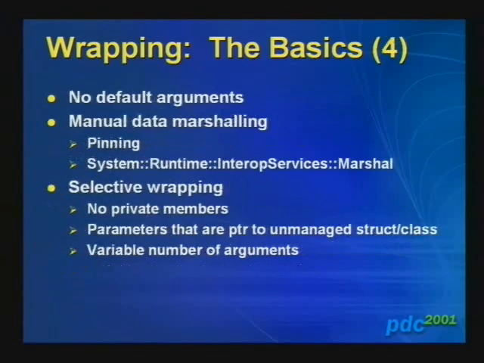Some of the issues to be aware of when wrapping unmanaged C++ classes is that certainly in this version of the compiler, we do not support default arguments. So if you have default arguments, you basically need to decide whether to not expose the functionality of default arguments, or use overloaded functions to have the same effect as defaulted arguments.